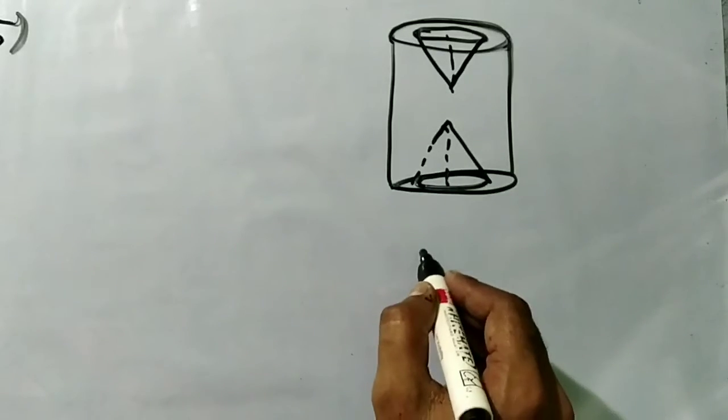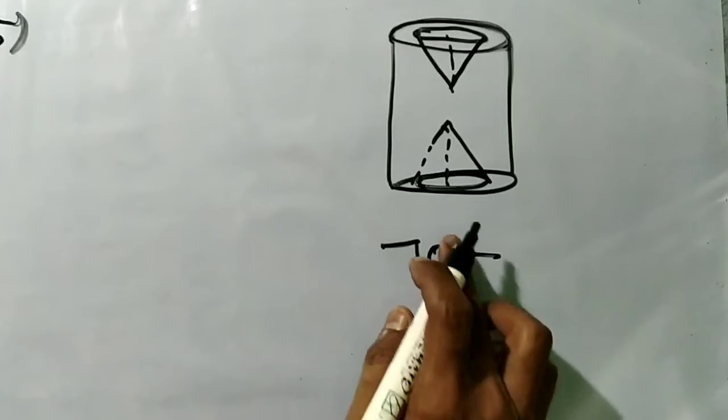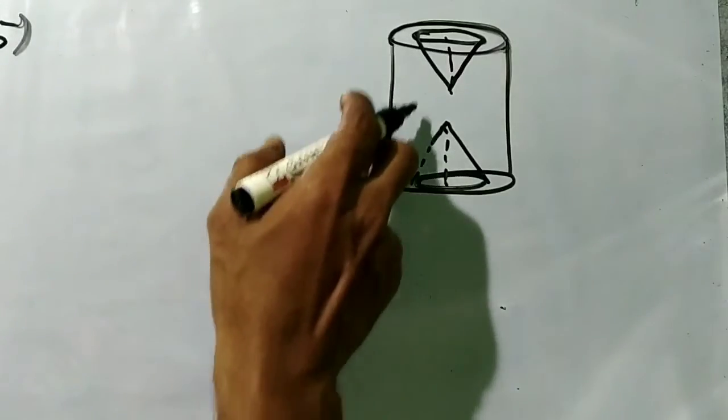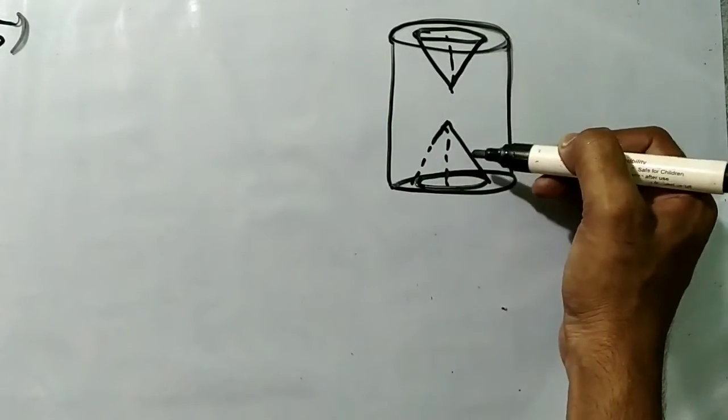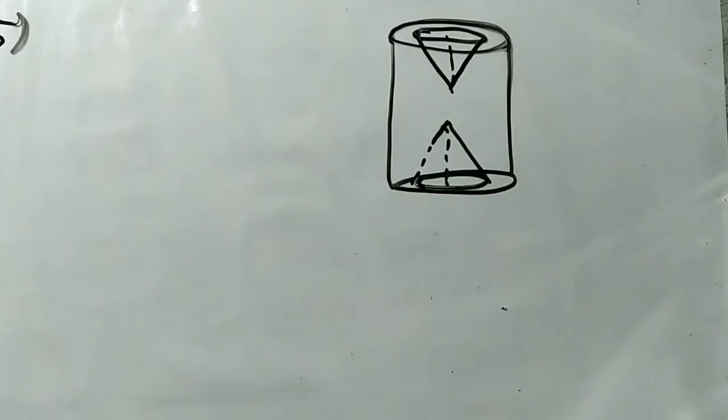So here it looks like this, the total hollowness. So we have to find the volume when the two holes which are in conical shape are made.